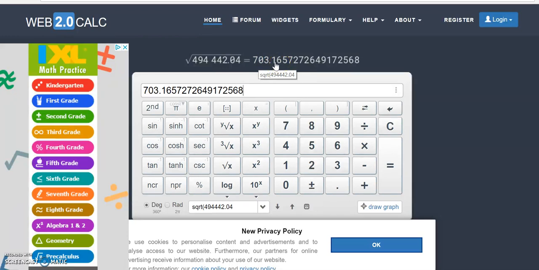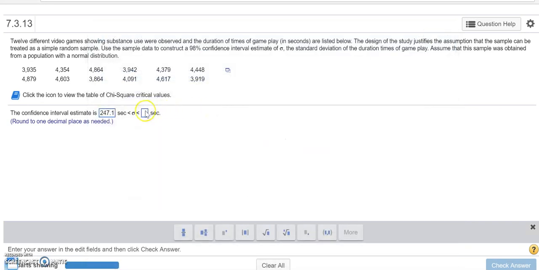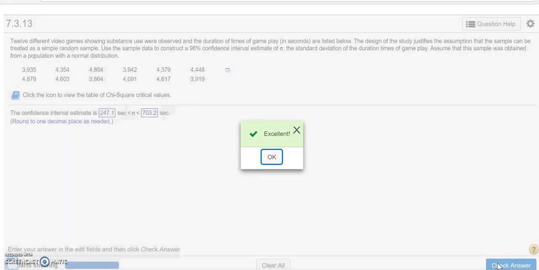So 703.2. Let's put that right here, 703.2. So this should be the 98% confidence interval for the estimate of sigma, the population standard deviation. Let's check it. There we go.